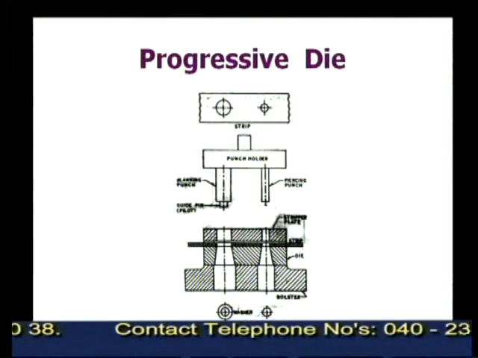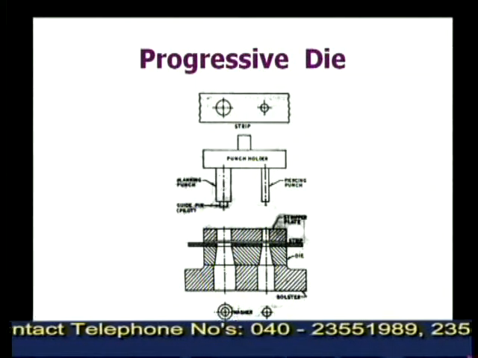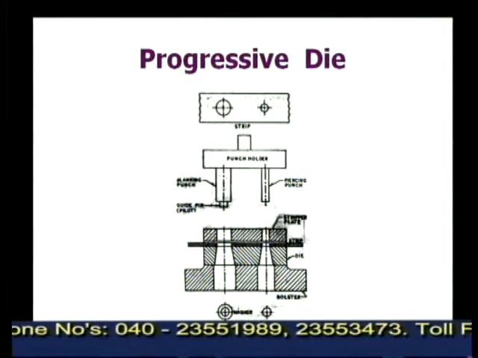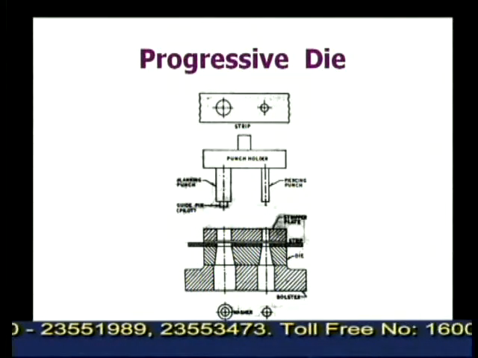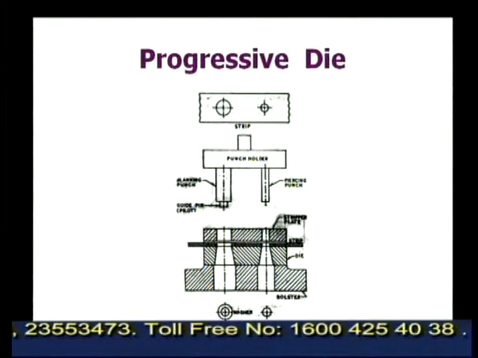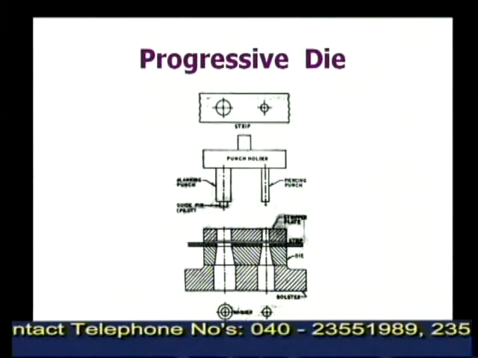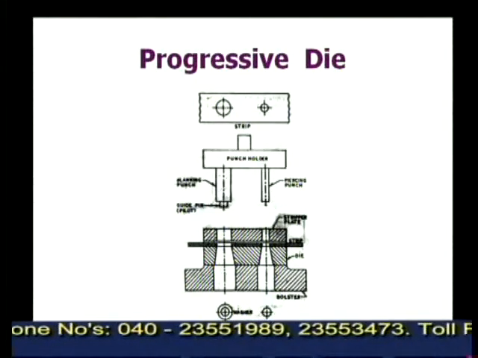Next one is progressive die. The progressive die is specially used to perform two operations on the stock. The name itself indicates it is progressive.